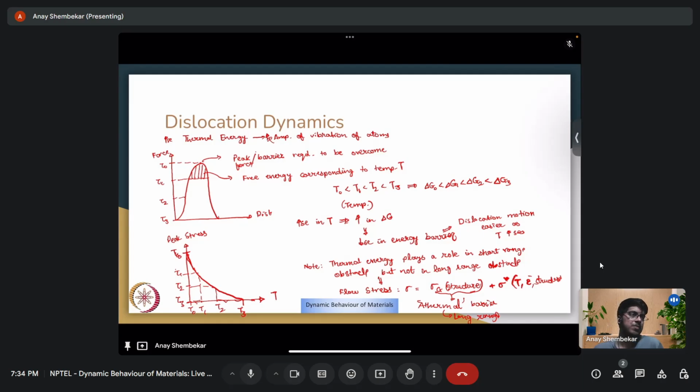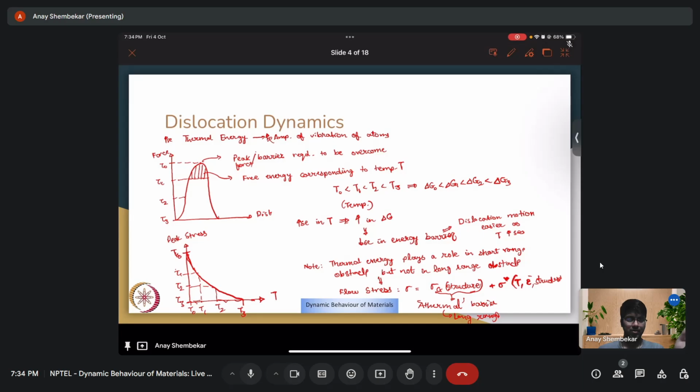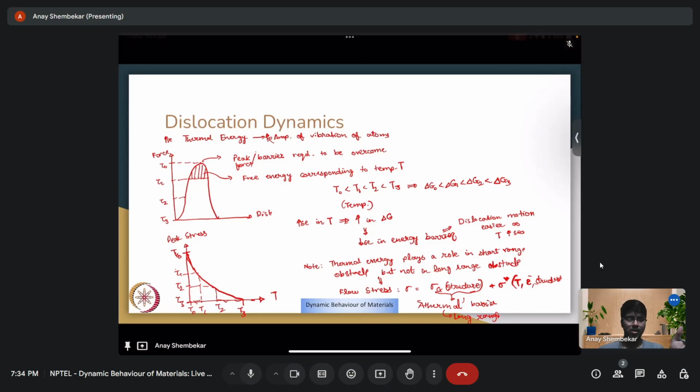So the short range obstacle, suppose you consider the Peierls-Nabarro case. In the Peierls-Nabarro case, when we have to move the edge dislocation by a step size of one unit cell, you need some amount of energy to overcome that energy barrier.